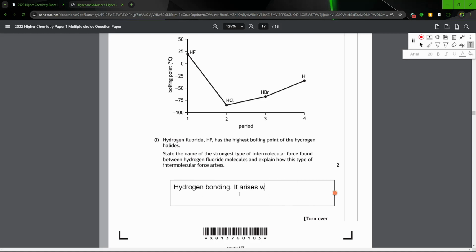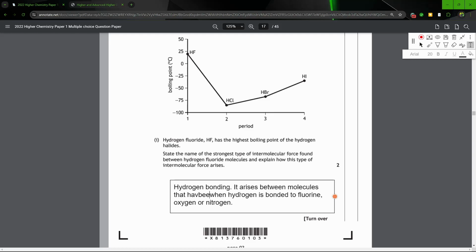It arises when hydrogen is bonded to fluorine, oxygen, or nitrogen, and it arises between molecules that have hydrogen bonded to fluorine, oxygen, or nitrogen.